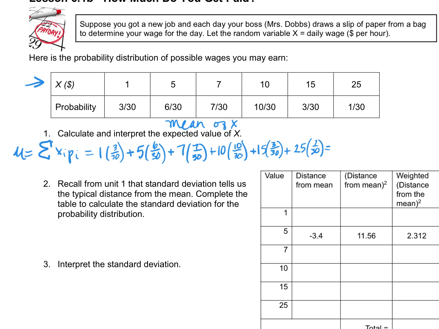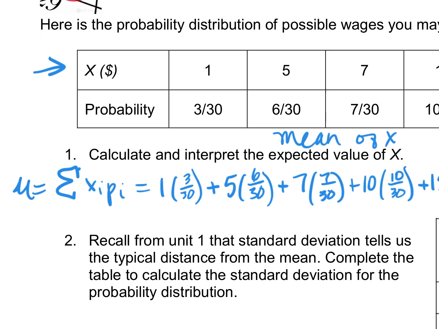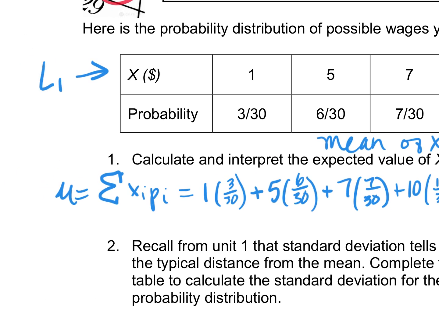What we're going to do is use our lists, STAT Edit, and put the outcomes in list 1 and the probabilities in list 2.